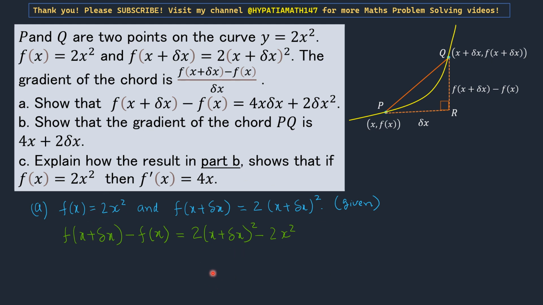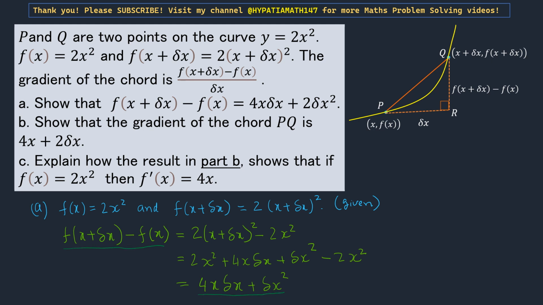Then you expand the terms within the bracket, and you get 2x squared plus 4x delta x plus delta x squared minus 2x squared, and the 2x squared would cancel out, and you would be left with 4x delta x plus 2 delta x squared. So that is exactly what the question is saying, and we needed to show. Part A is done.